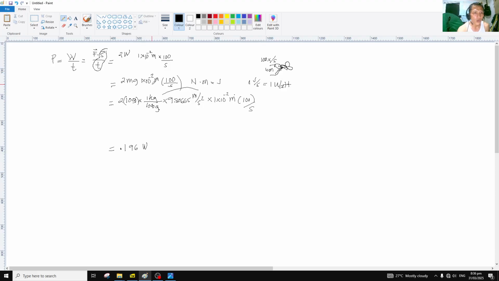Ano to siya? Yung displacement mo. Ito na yung S. Tapos ito yung per time. Tama na naman, di ba? So 0.196 watts.